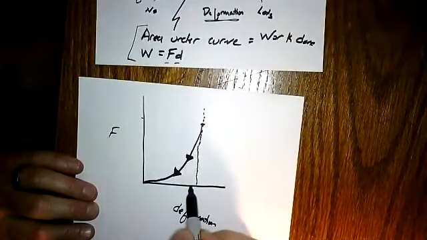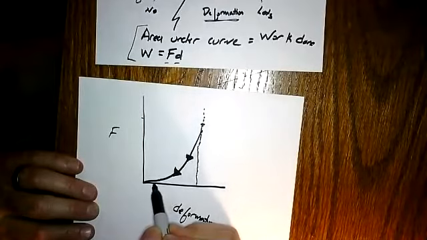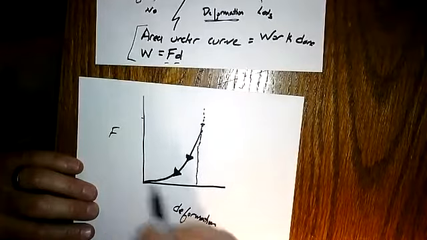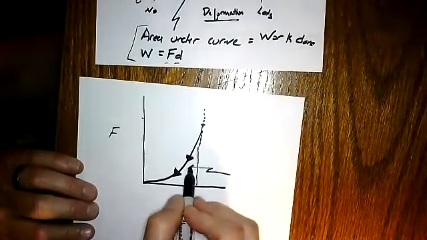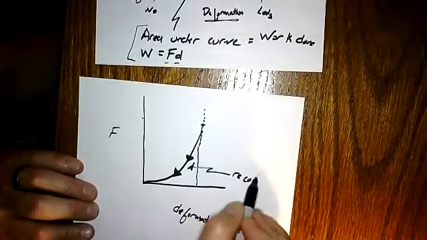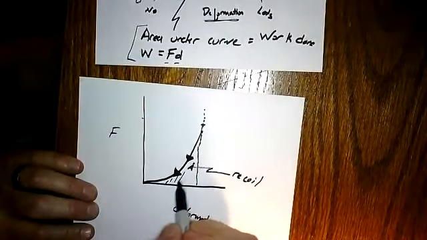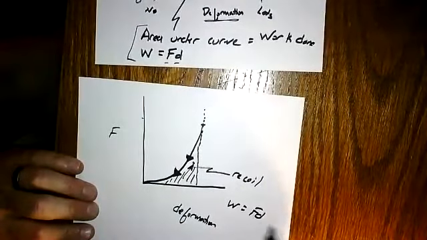And I get a reduction in deformation. The material starts to go back to the original shape. All right, so eventually we get back to the same point. So this is recoil. All right, I could calculate the area under this curve as well using that same equation, work equals FD.